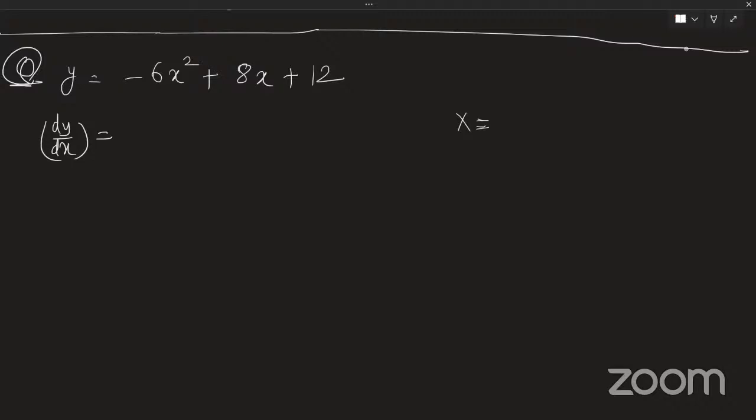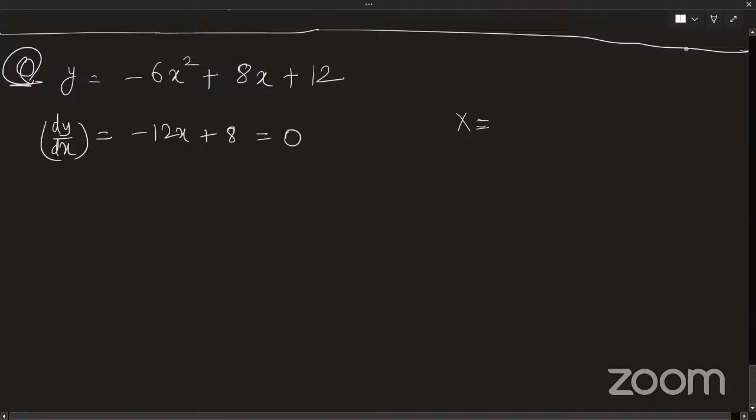See, what is its derivative? First, tell me its derivative. Minus 12x plus 8. Yes, correct. Right? And I have to equate it to 0, na? Yes, sir. So 12x is equal to 8. So x is 8 by 12, right? 2 by 3.